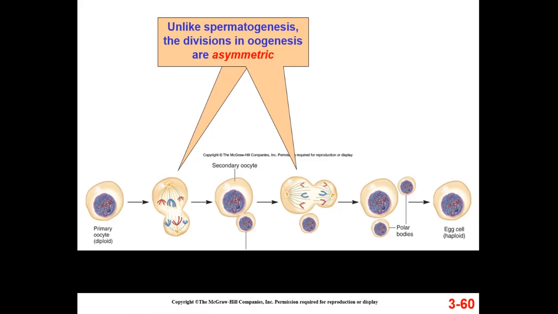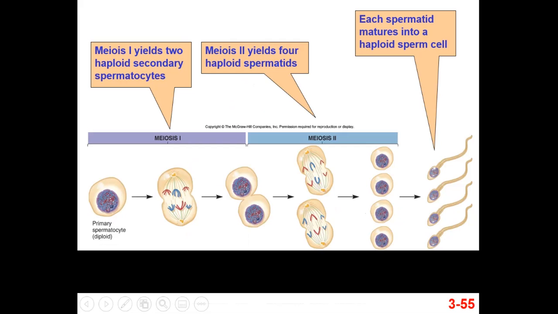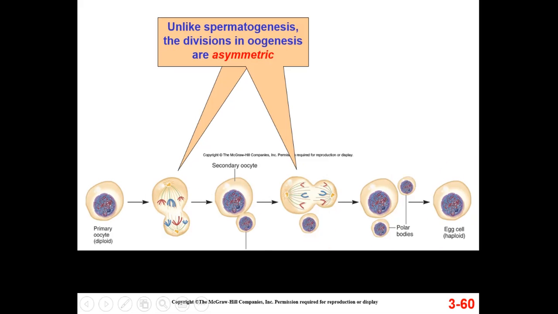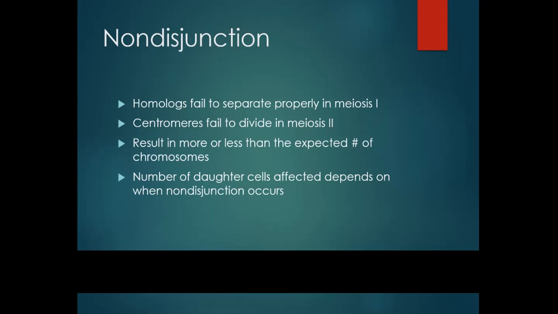So if you're trying to do a genetic test to determine what that egg has, in order to determine whether the child has inherited a genetic disease, you want to know which polar body you're looking at. Okay? The egg cell is haploid, the sperm cell is haploid. When they come together, they form a new diploid organism.